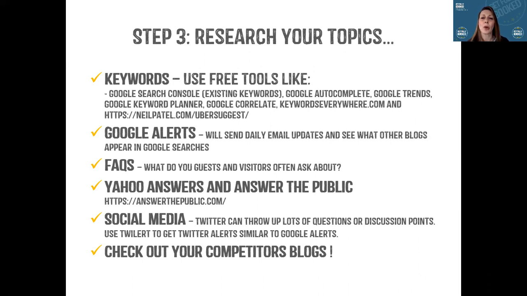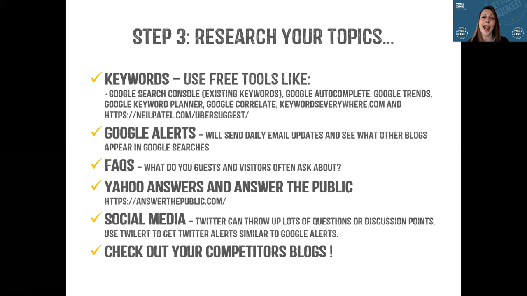There's also the Google autocomplete. When you start to type into the Google search bar, you'll see that it starts to fill in the words for you. Anything that comes up on that autocomplete is actually highly searched for. So that gives you a clue as to topics or keywords that would be really good to include in a blog.